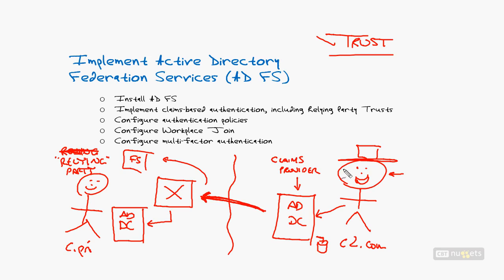And so when my happy little user over here attempts to use this application, part of the use of that application is this user also sending any claims that they have that are necessary from their own internal Active Directory authentication, that are accepted by the relying party, to say, you know what, this person should be authorized for use of the application. And that's really it.